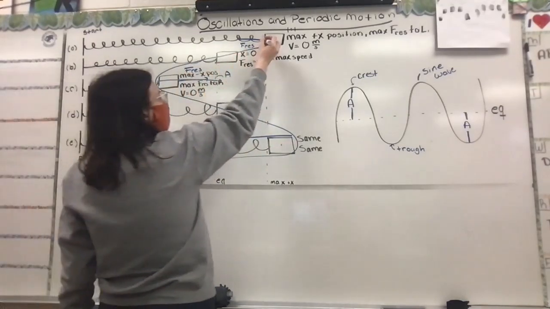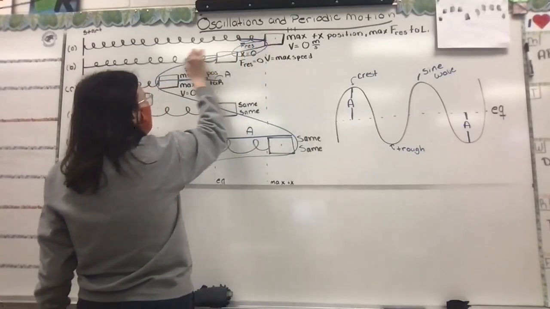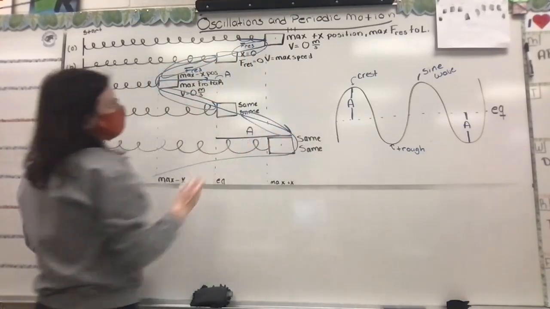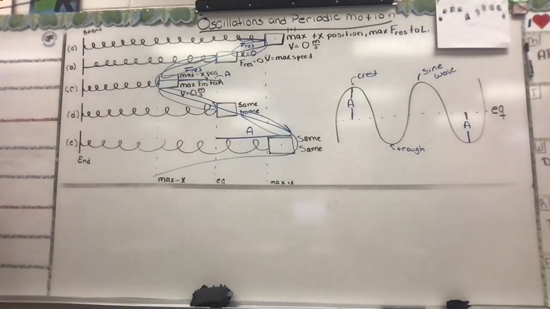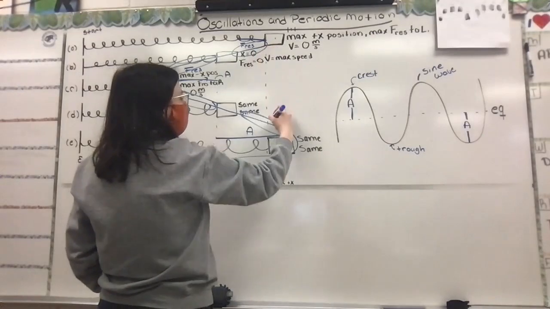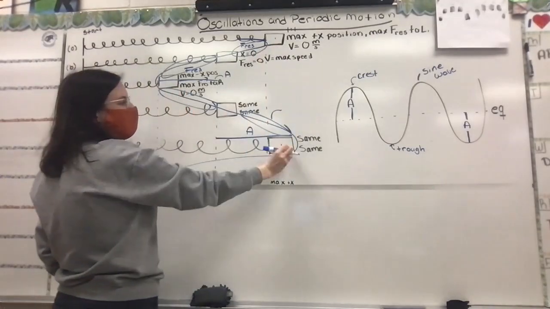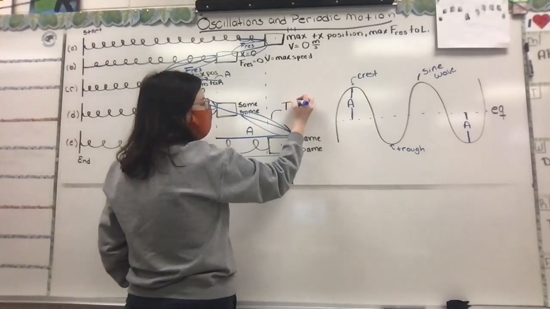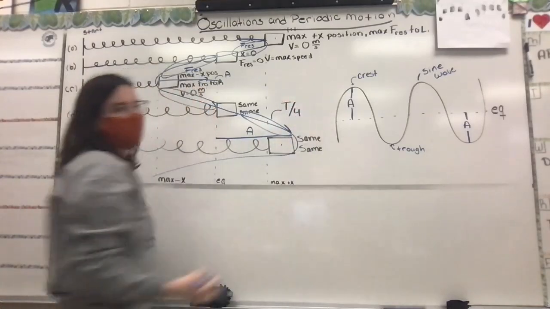That's 1, 2, 3, 4 scenarios. How much of a period exists in each of those? So how long it takes to complete one portion of the cycle is T over 4.